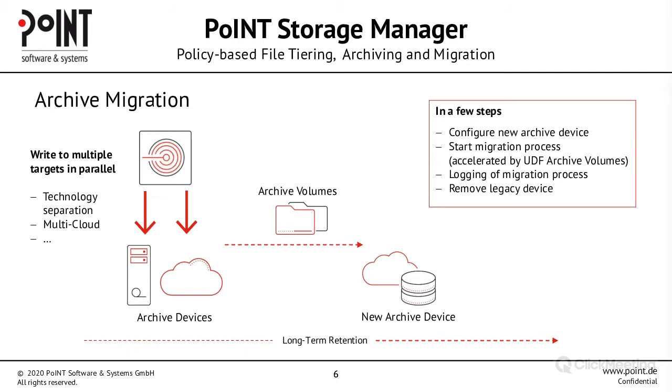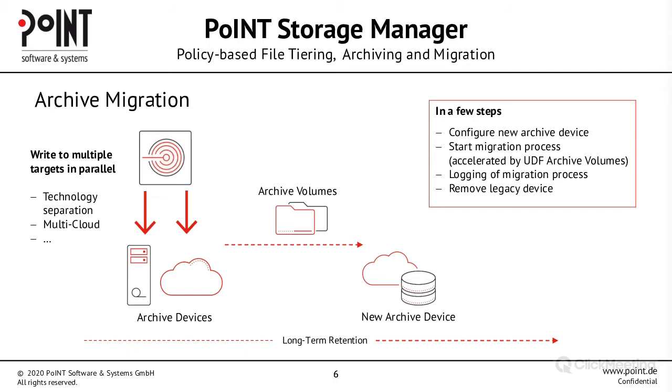Of course, you can start with just one device, and then a new one can be added in a few years. For example, you want to switch from a tape-based archive device to an object storage, and then you can use the internal migration feature.